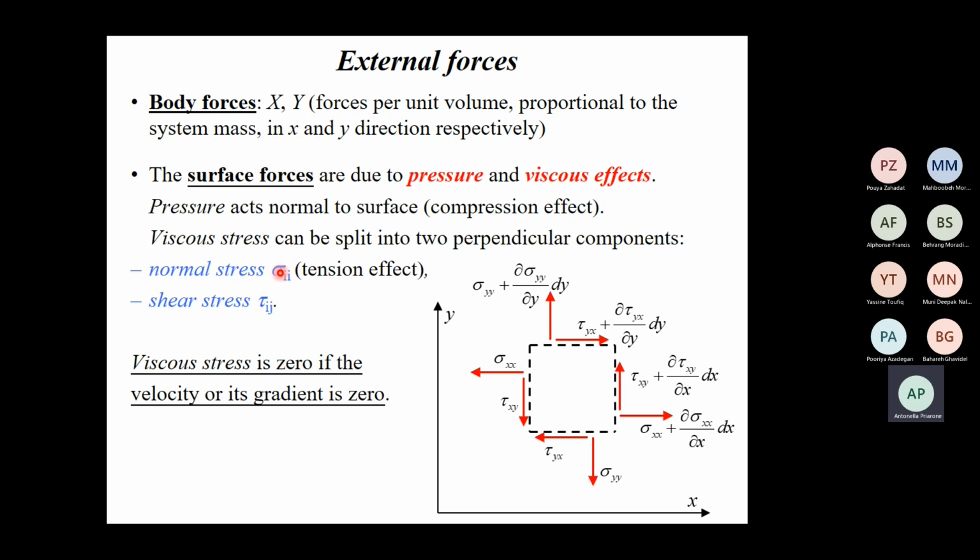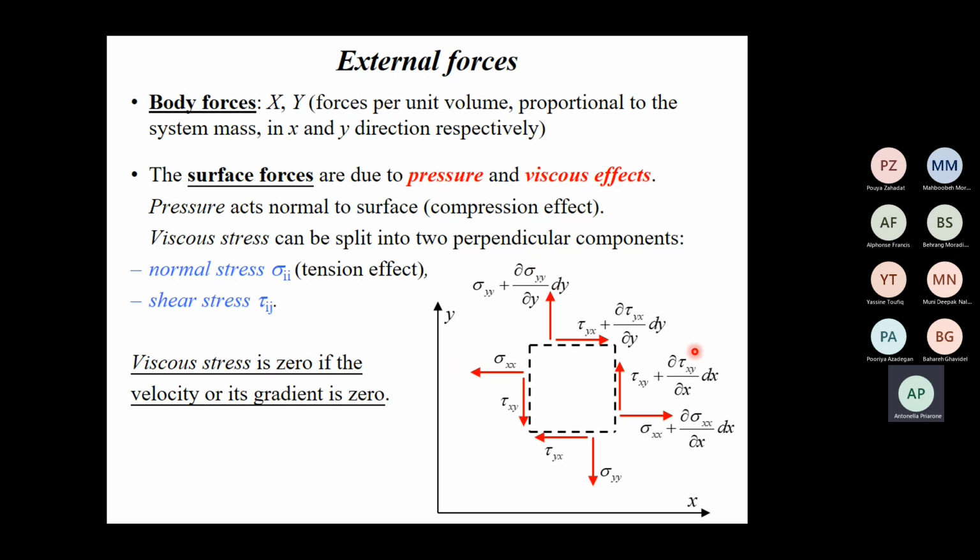Normal stress, that are normal to the boundary of my domain, but are tension effect. So they are in the direction opposite with respect to the pressure. And shear stress. Shear stress are parallel to the boundary of my control volume.